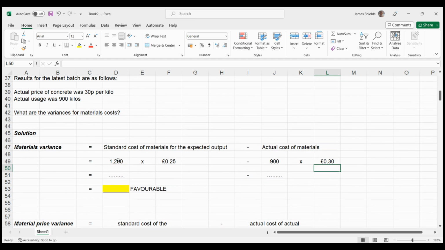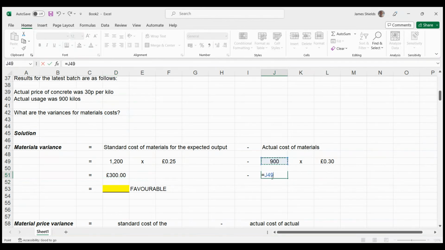Now we do the calculations. 1,200 times the 0.25 gives us £300. And for the actual cost, we've got 900 times 0.3 pounds, and it's £270. So the difference here is 300 take away 270, and that's going to give us £30.